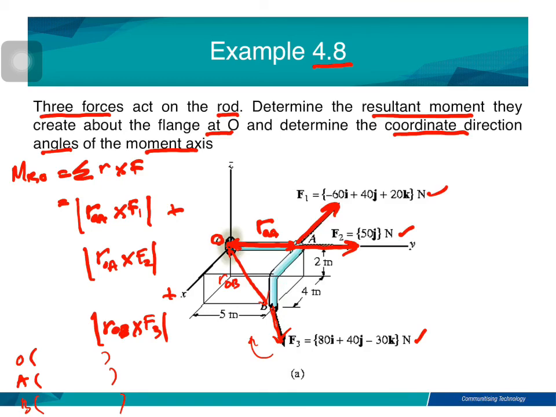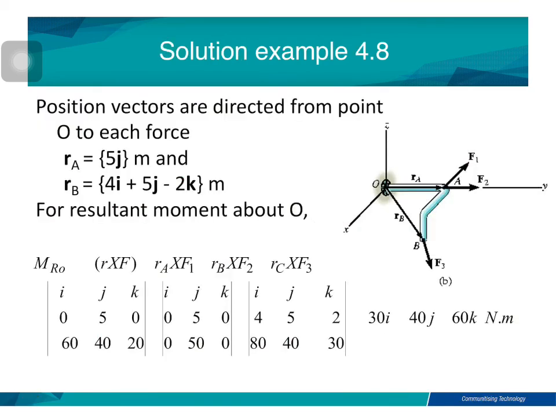Can you do that? Okay, now we have ROA here and ROB here. ROA is 5J, because this ROA is already along J, and then ROB is 4I plus 5J minus 2K. So now you can solve this determinant.